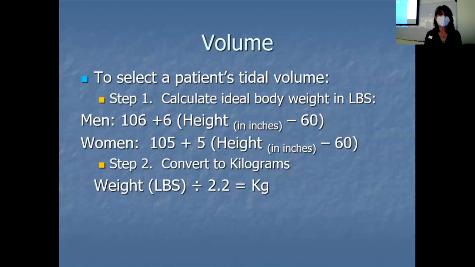For females, the height in inches minus 60, multiply by 5, and then add 105 to it. So that's how you calculate your ideal body weight. Once you get the answer, it's in pounds. But when we ventilate, we want to know kilograms.